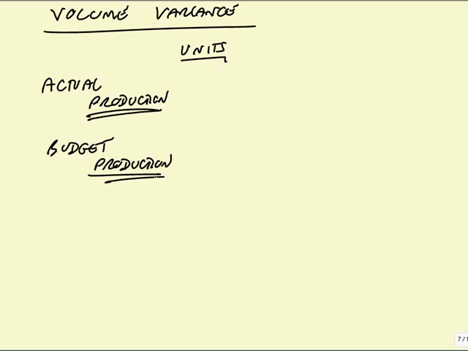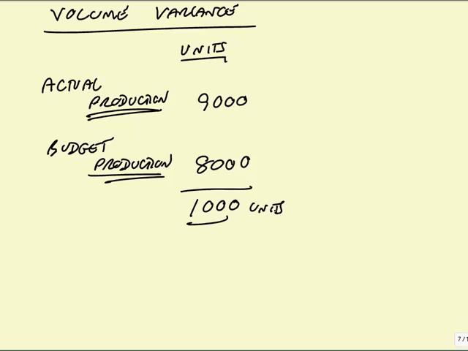How many did you budget on producing? The budget was 8,000 units. And so in units, here you produced more than budget, 1,000. And to put a value to it, remember, and be careful here, people do silly things, but we all do when we're rushing. That's in units. You cost it out at standard cost per unit.